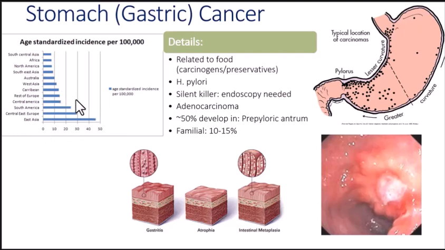The reason for these geographical differences is related to a few different things, including food consumption. So in terms of exposure to carcinogens, which we know are substances that can cause cancer, and the exposure to preservatives. So food has a huge involvement, and we're not exempt from that even here. It's just that in certain areas of the world it is a bit higher.